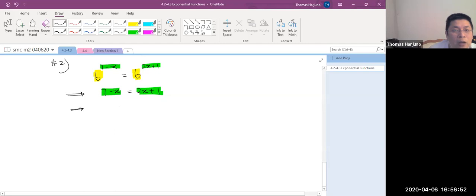I get 6 equals 3x, x equals 2. Okay, so you can check, even though it's not necessary, when x equals 2, on the left-hand side, I get 6 to the 5th, and on the right-hand side, I also have 6 to the 5th. Is it right?